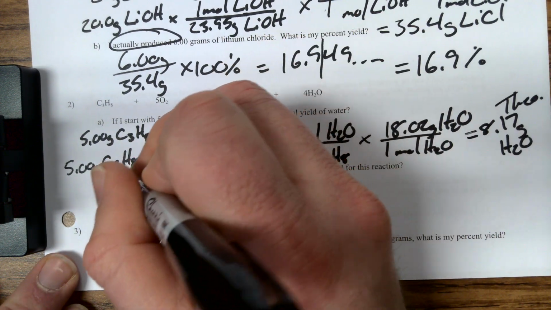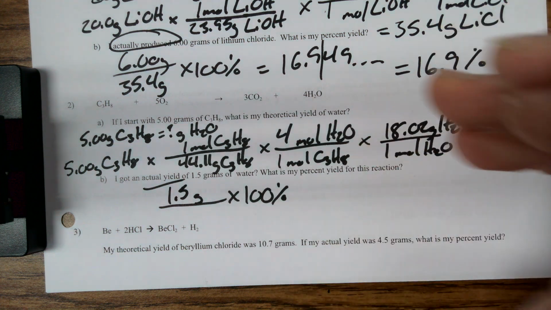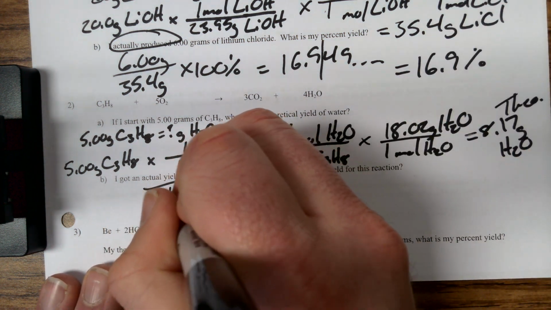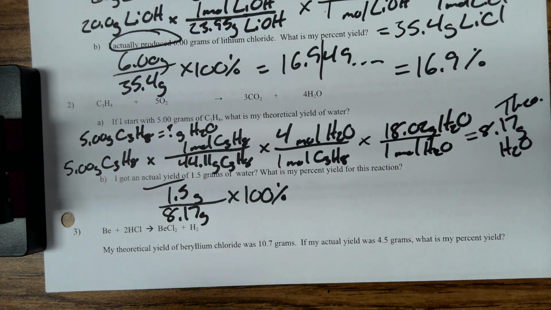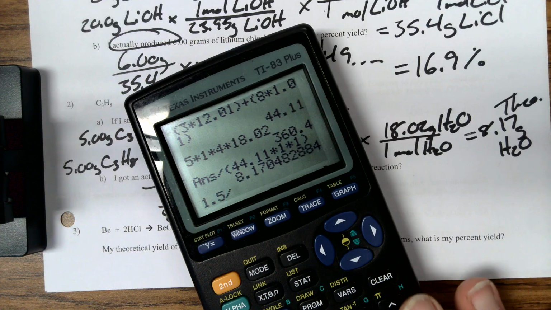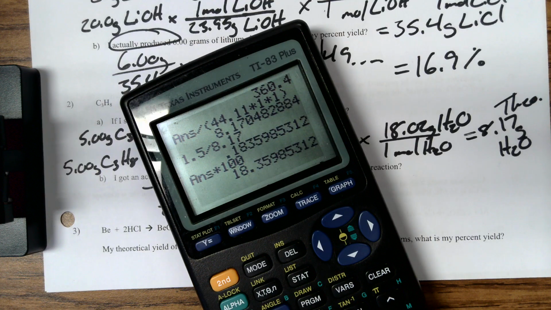Why? Because again, it says my actual yield, or actually got. That's always my actual yield. Theoretical yield goes on bottom. 1.5 divided by 8.17 times 100 gives 18.359, blah blah blah.